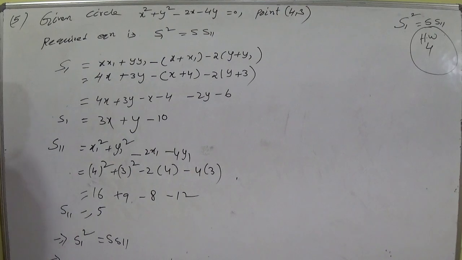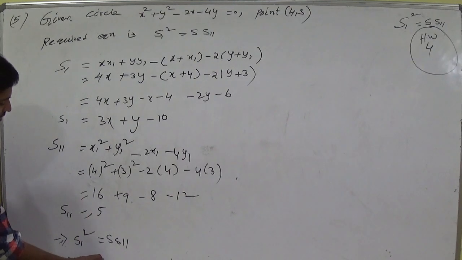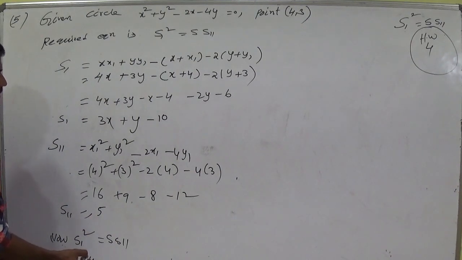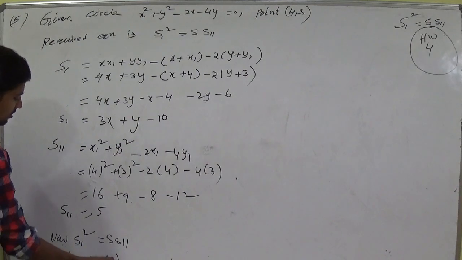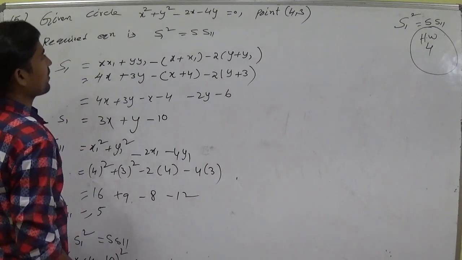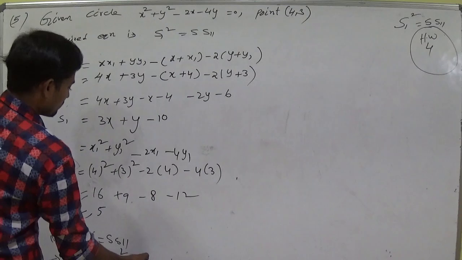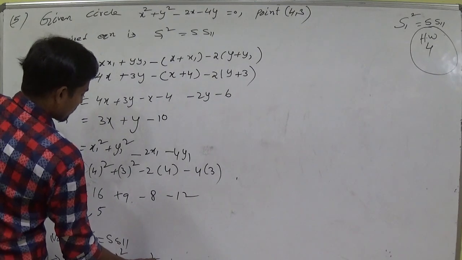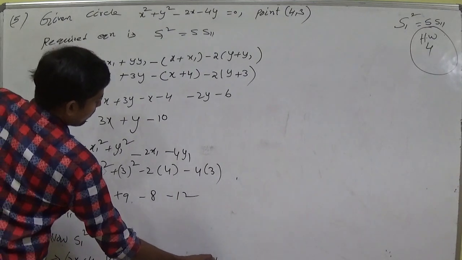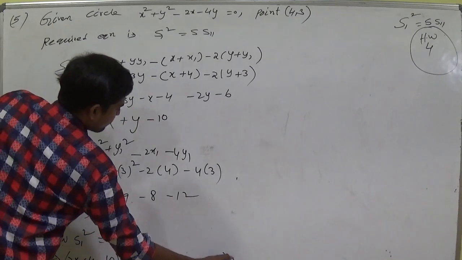What is S1? 3x plus y minus 10, whole square, equal to S into S11, what is S here? x square plus y square minus 2x minus 4y, into S11 which is 5.